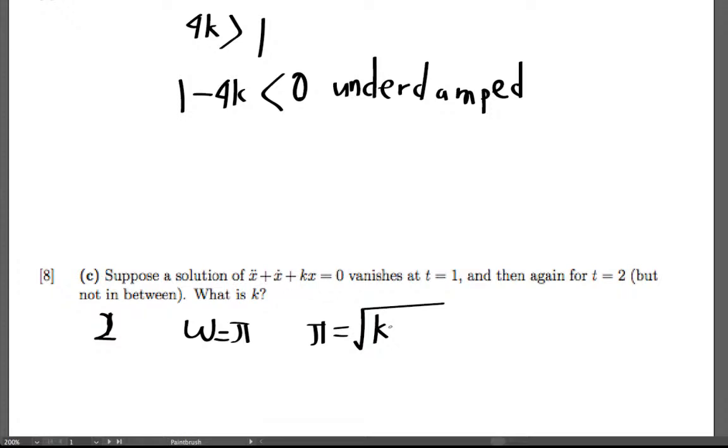So yeah, you have k there. Subtract this by b over m squared. The m here is 1, but the b is also 1, so that means it's k minus 1 there. Therefore, k would be pi squared plus 1. That's k.